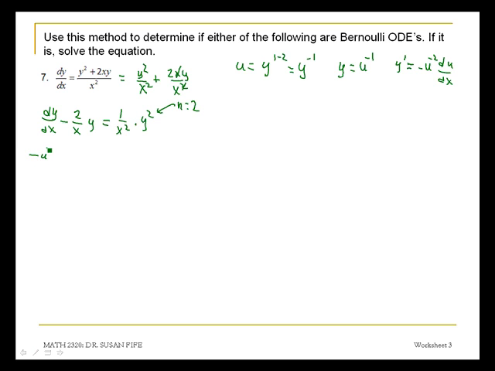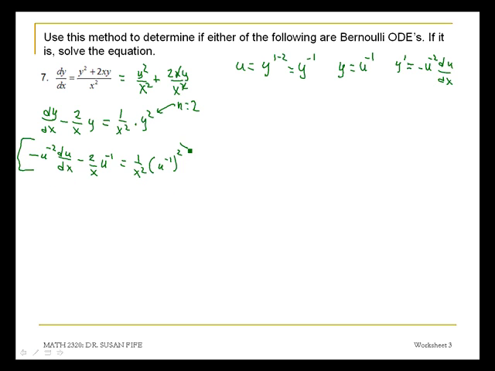Here we get negative u to the negative second du dx minus 2 over x. In place of y, we're going to put u to the negative first. u to the negative first equals 1 over x squared, and for y again we have u to the negative first squared.